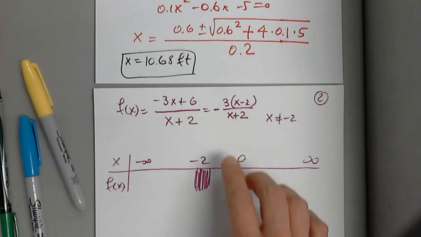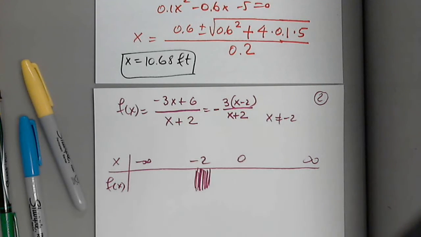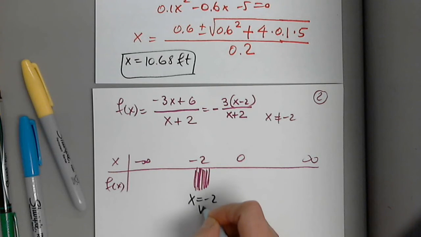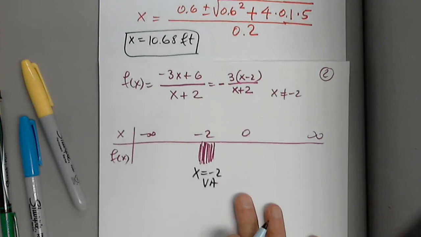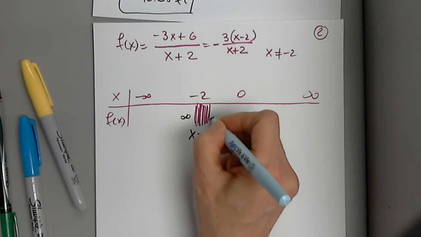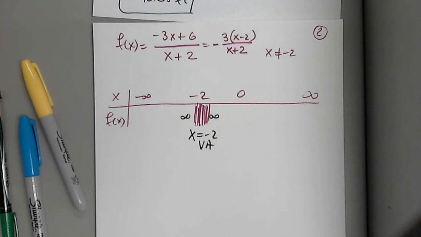Okay, so does this factor disappear with any identical factor from the top? No. Is this a hole or a vertical asymptote? Thank you, Eric. It is a vertical asymptote. Once I know that, I will immediately write infinities. Waiting for what? Because this is not enough. Waiting for the sign.